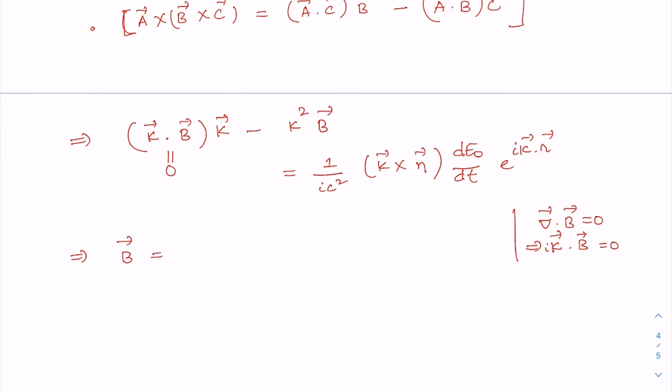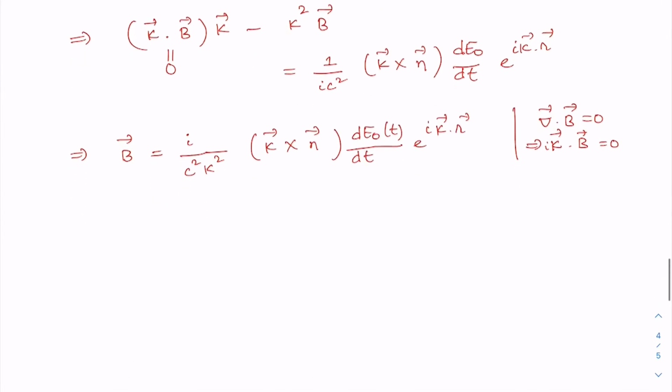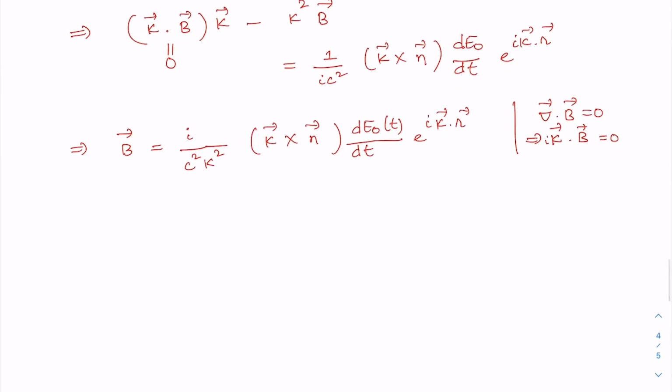B is equal to, I can take the minus sign to this side, then I have i by c square, here I have k square, and then k cross eta dE0 dt, and then e to the power i k dot r.